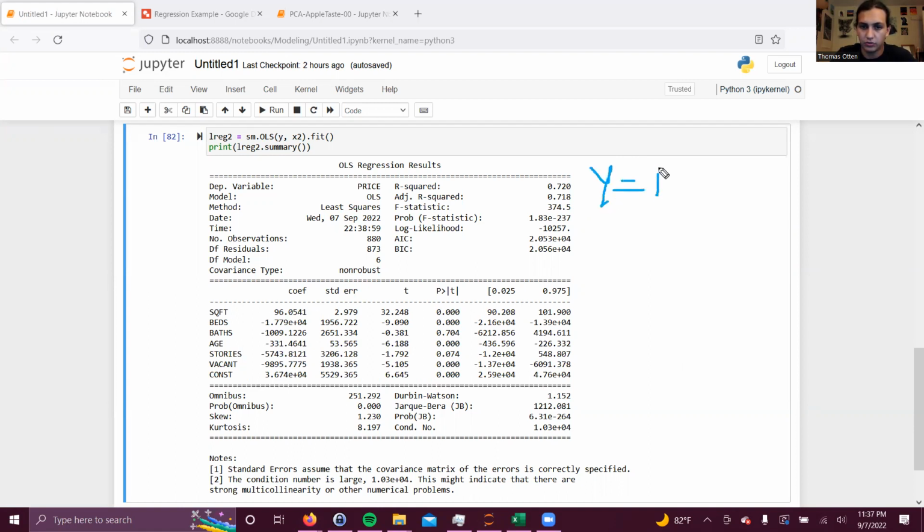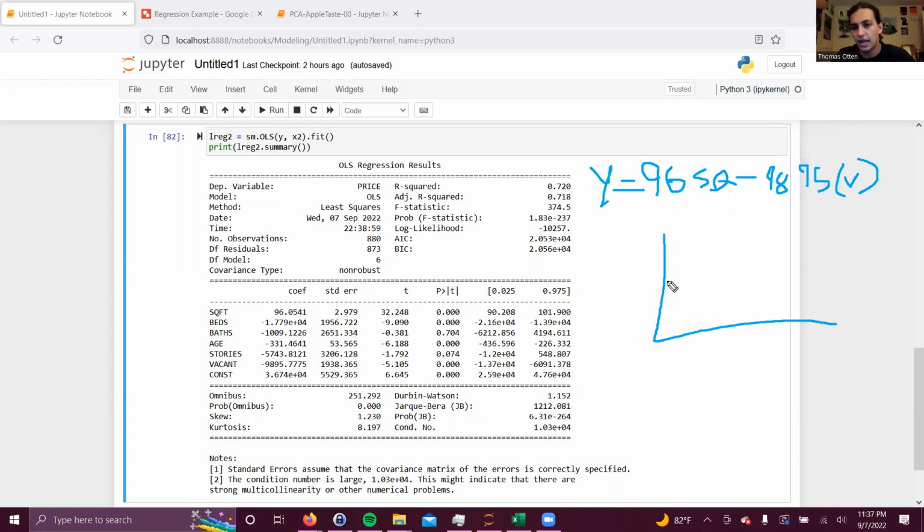So it'd be y equals 96 times square feet, and then you do minus that times bed, minus that times bed, whatever, and it would be minus 9,895 times this variable of whether or not it's vacant. And if it's a 0, that all goes away because it's multiplied by 0 and you just get square feet. If it's a 1, that stays.